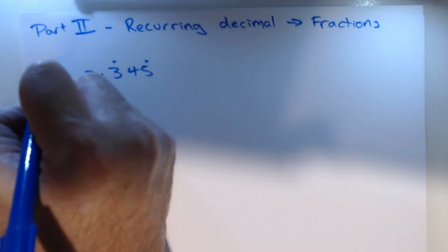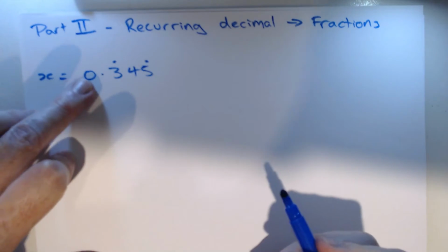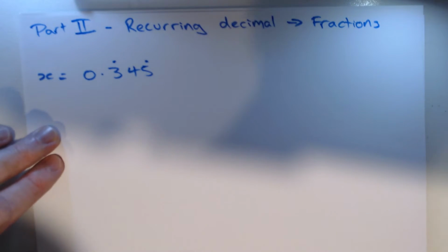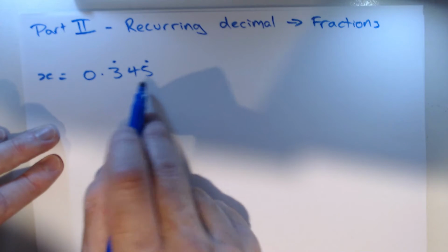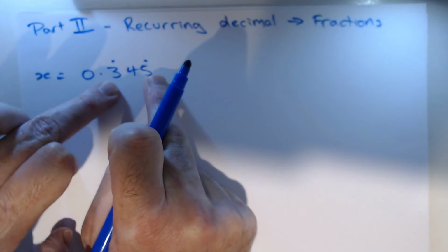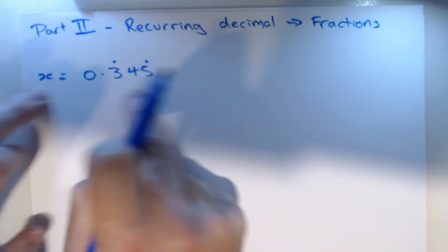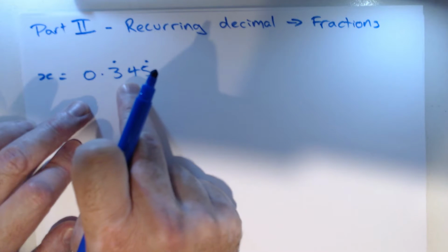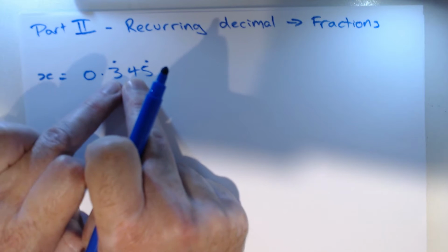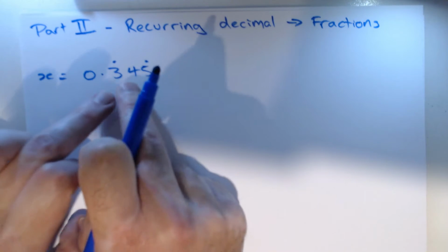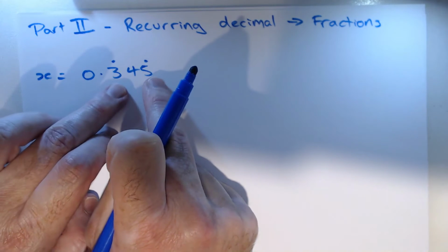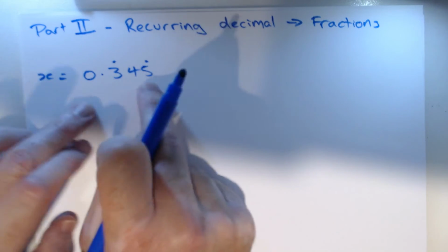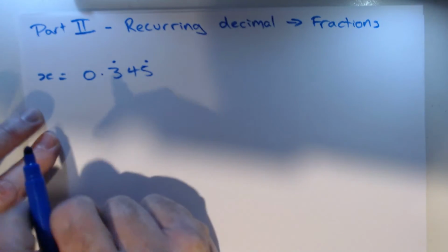If we say that x is going to be equal to 0.345 repeating, we can multiply this decimal to get 345 out the front. In order to do that, if we multiplied by 10, we'd get 3.45. If we multiplied by 100, we'd get 34.5. If we multiply by 1,000, we can move our 345 out to the front.